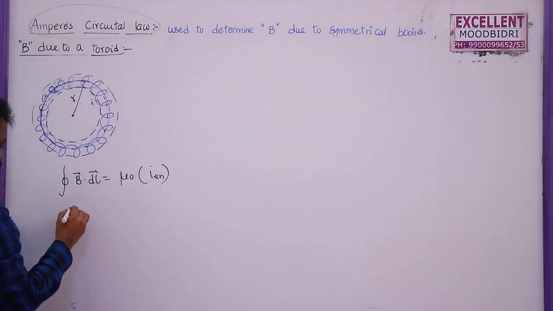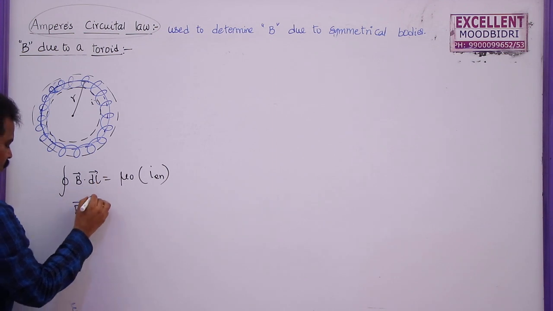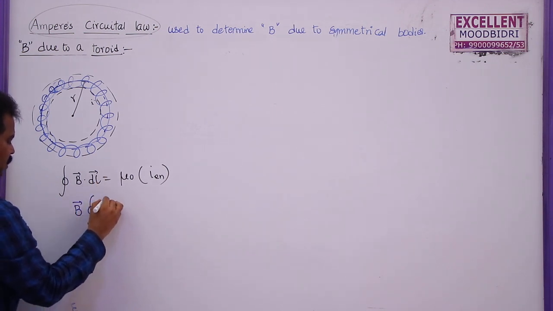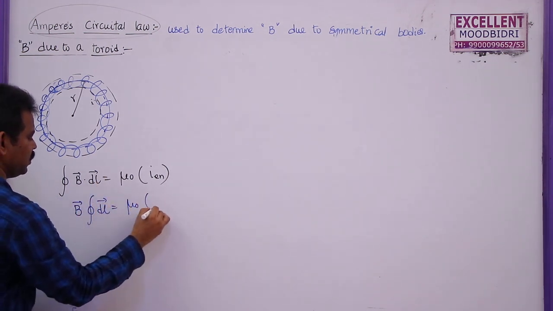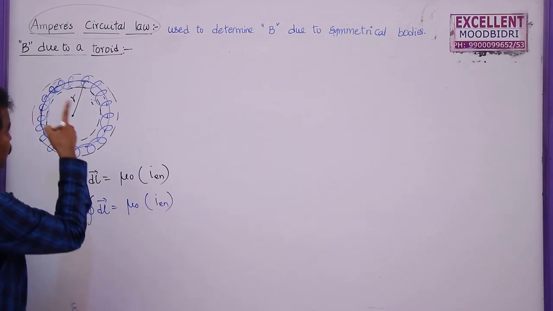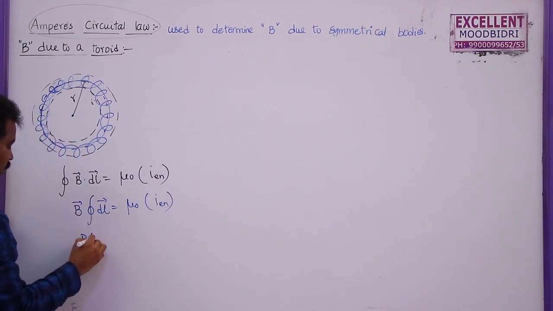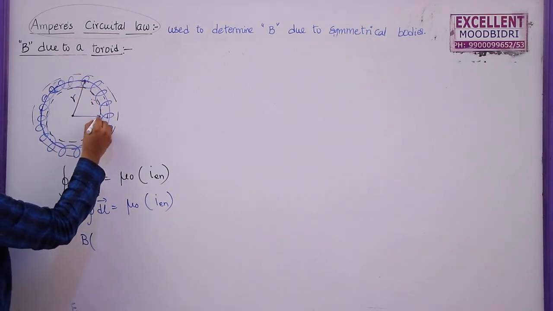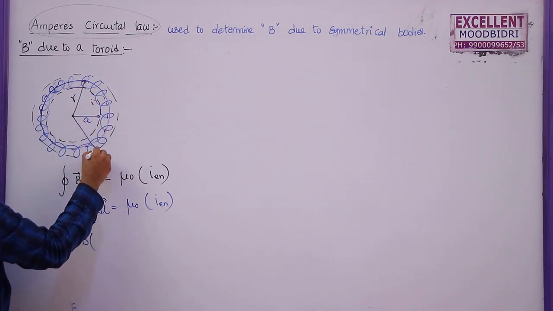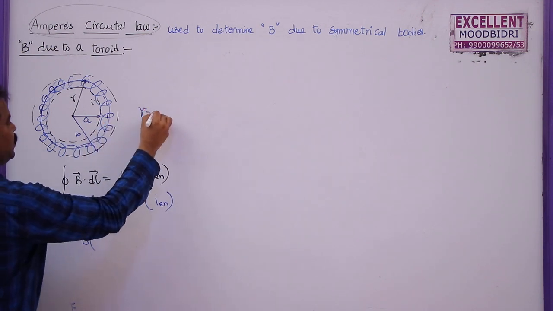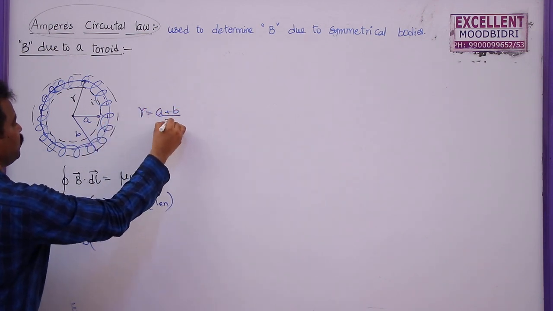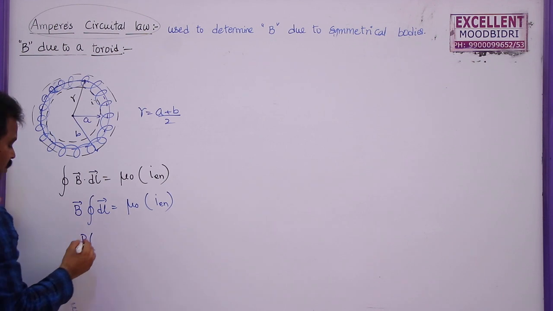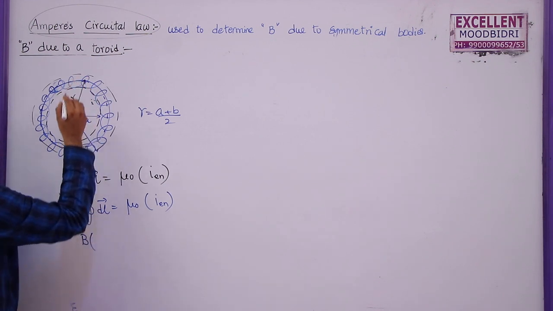So within this loop, this will become integral of B bar dot dl bar equal to mu naught times the current enclosed with the Amperean loop. So this is B into, this is R, the average radius. In some problems they may give inner as A, outer as B. So R can be taken as A plus B by 2, average radius. Now directly they have given R.